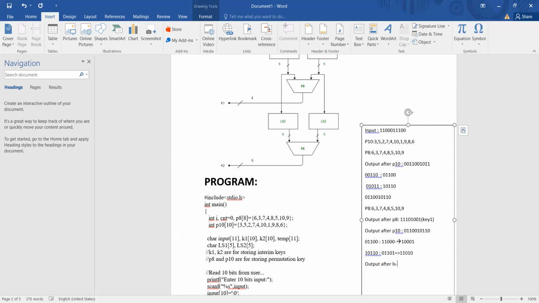This is the output of LS1, and this is the output of LS2. Now we need to combine this: 1 0 0 0 1, next double 1 0 1 0.